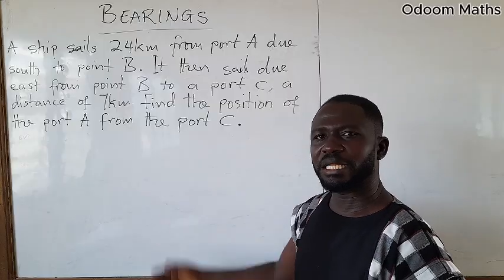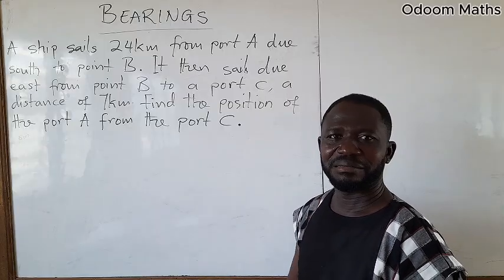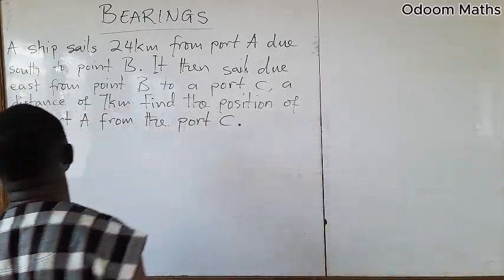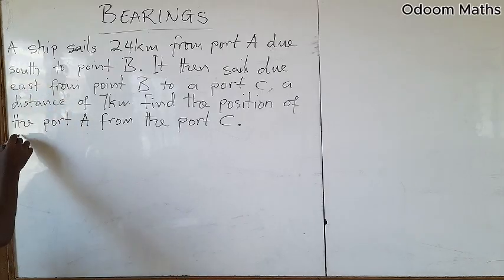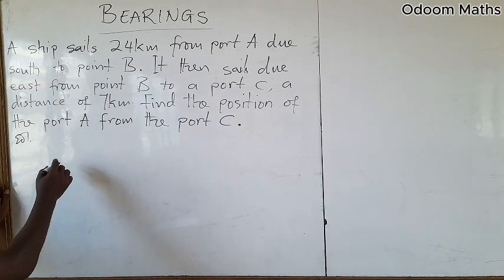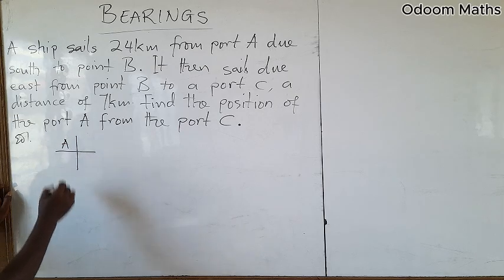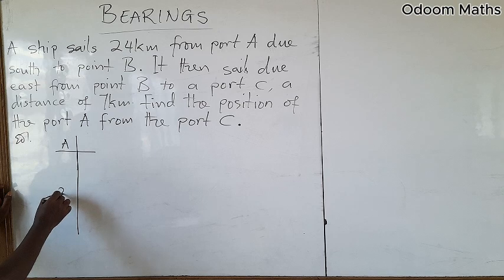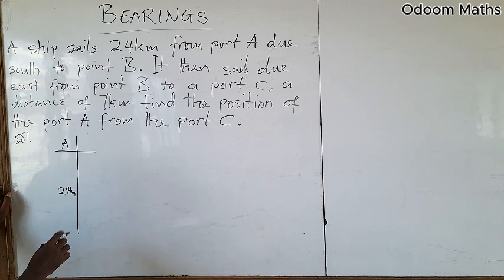Now let's look at this example. A ship sails, so this is the solution. This is the point A, the port A. So 24 kilometers. That's not drawn to scale.